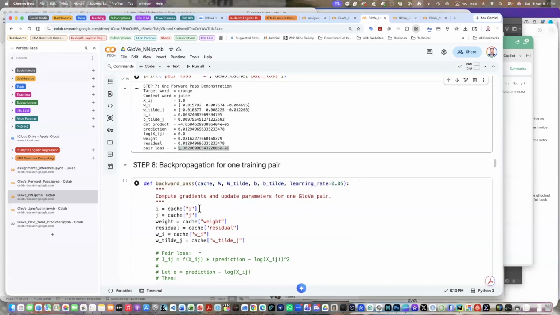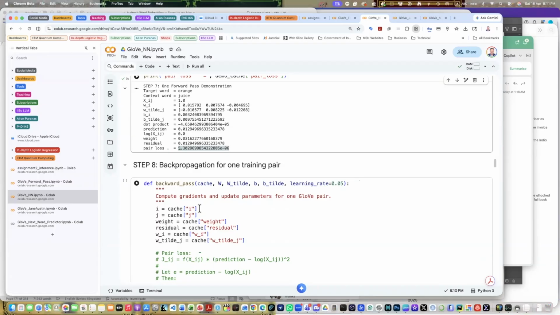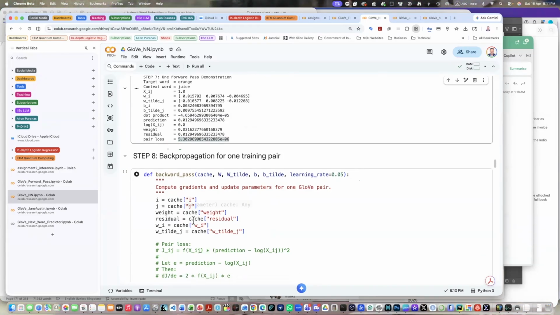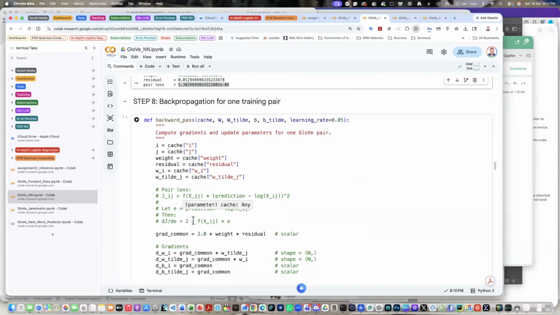Now I define my backpropagation. In backpropagation, I have to minimize my loss. And how do we minimize the loss? We take the partial differential, and we adjust the weights according to the partial differential. Just go back to your neural network classes and this will become clear. So I take the partial differential and I adjust the weights based on it.